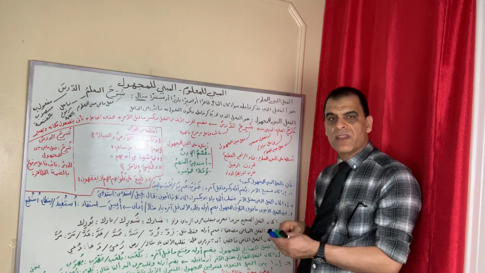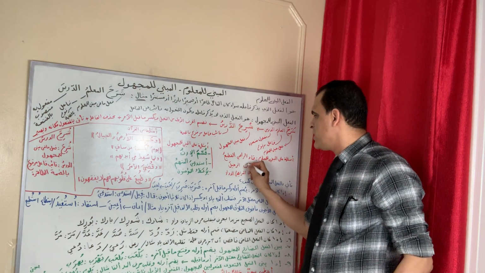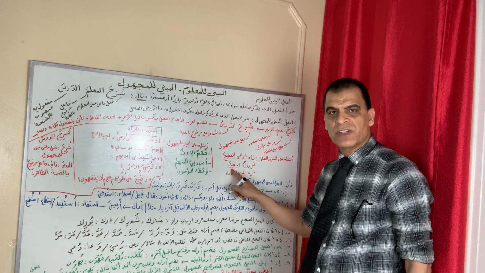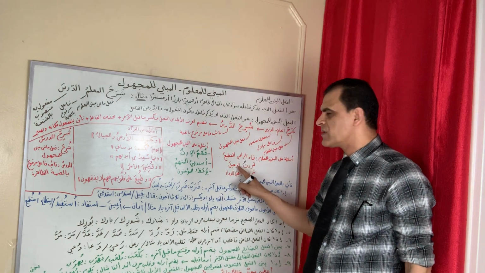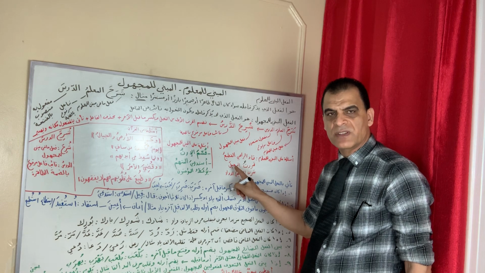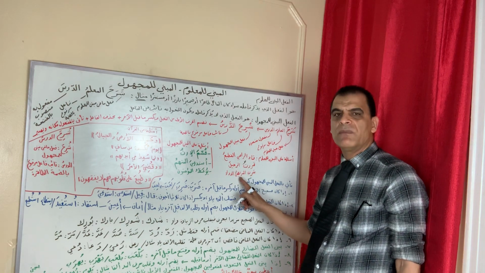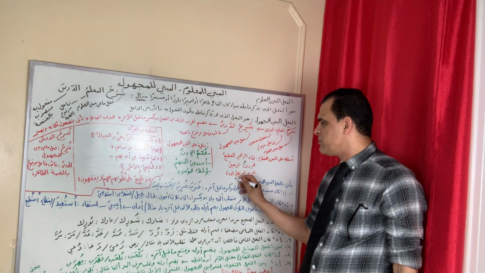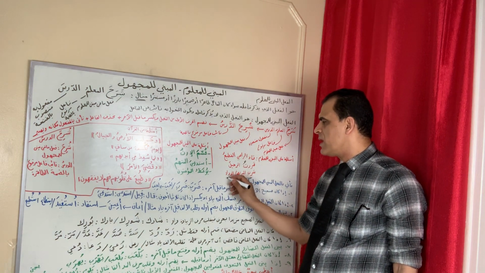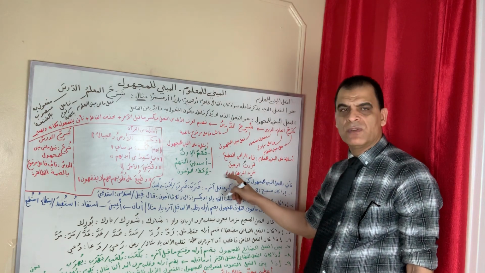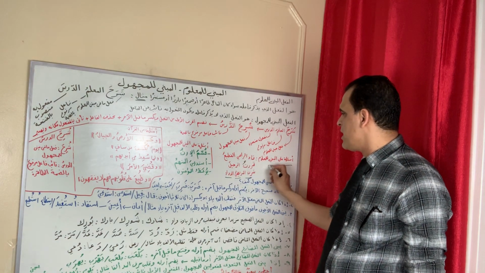So here the verb is قرر, and the subject is the تاء pronoun, and we have the object. So VSO: verb, subject, object. It's called an active sentence. We also have شرب المريض الدواء. The sick person drank the medicine. So we have الفعل والفاعل والمفعول. It's called active, مبني للمعلوم.